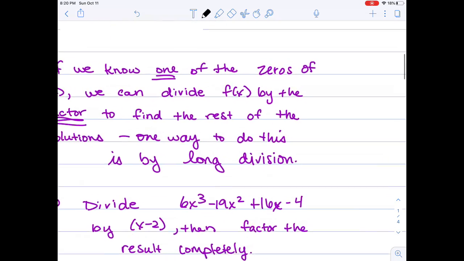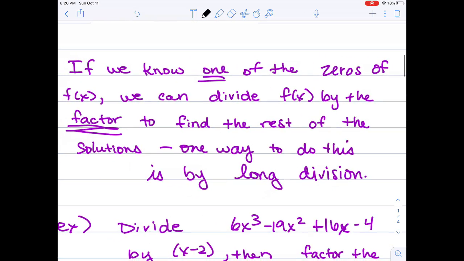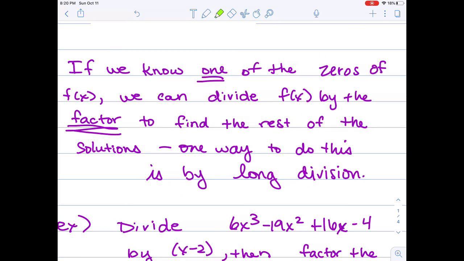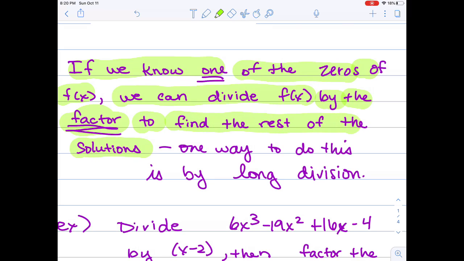This is why we're using long division of polynomials. If we know one of the zeros of f of x, that means we know one of the factors, we can divide f of x by the factor to find the rest of the solutions. One way to do this is by long division.